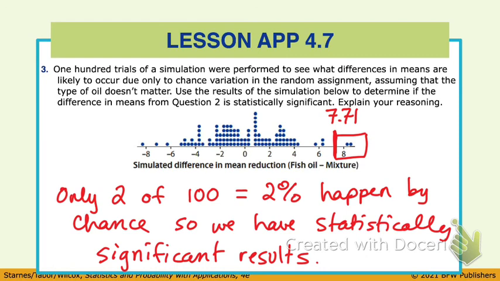Yes, it did. So this means that the fish oil actually made a difference, because this result would have only happened 2% of the time just by chance. Okay? So we have proven that you should have fish oil in your diet. Go eat salmon. Yay. All right, guys.